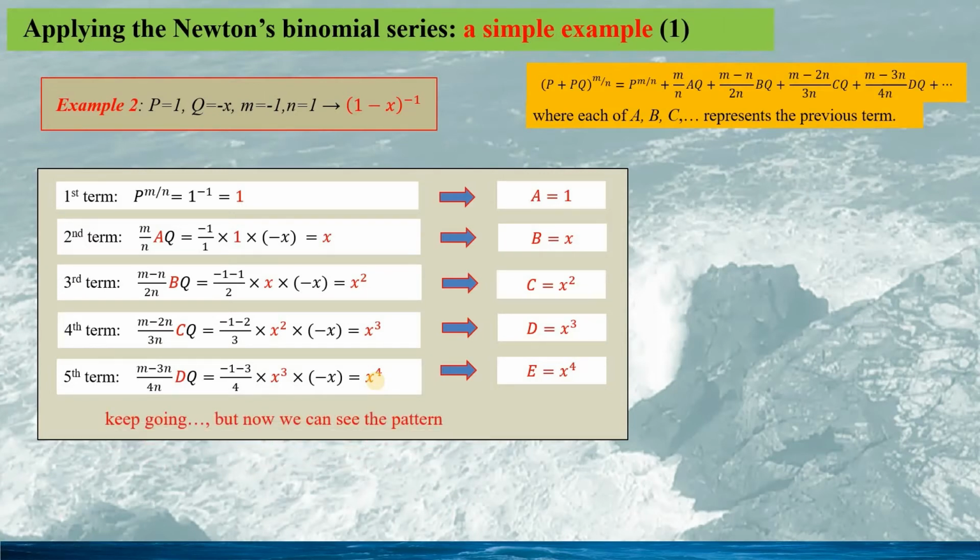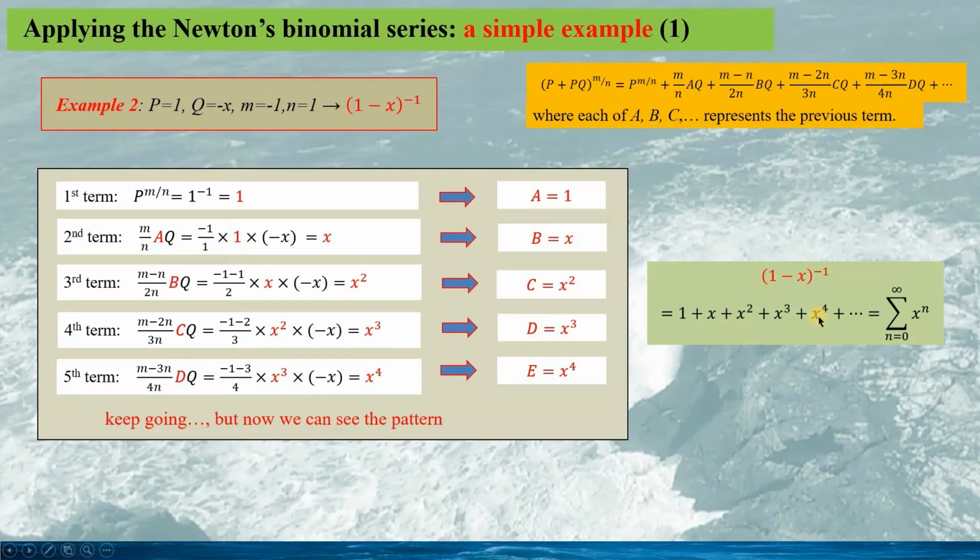So we can go on to calculate more terms. But now we can already see the pattern of the binomial series. Therefore, if we put all the binomial series together, we can get the expression for this binomial function as this. And we have seen in many places this is correct for the binomial series.